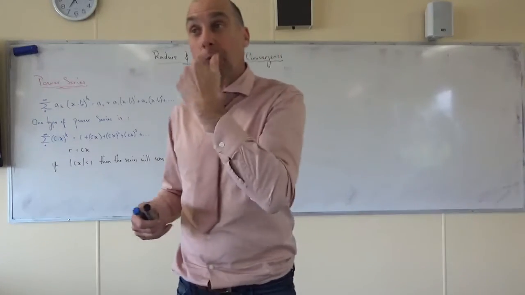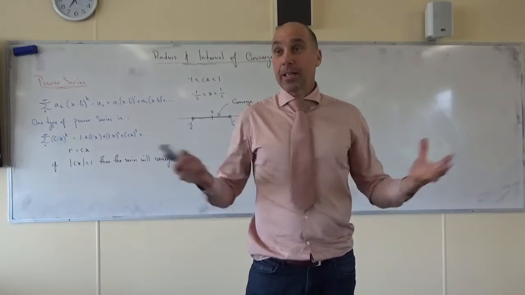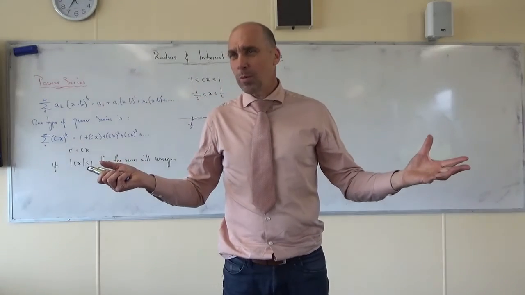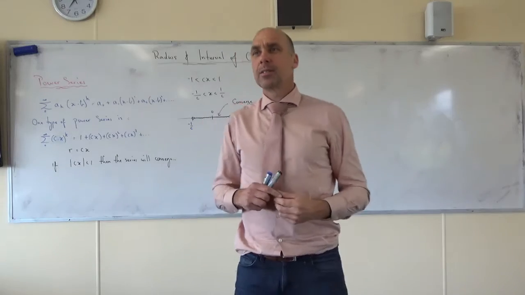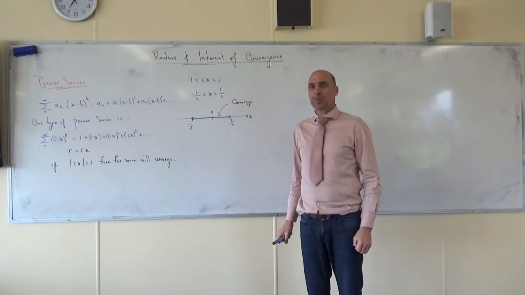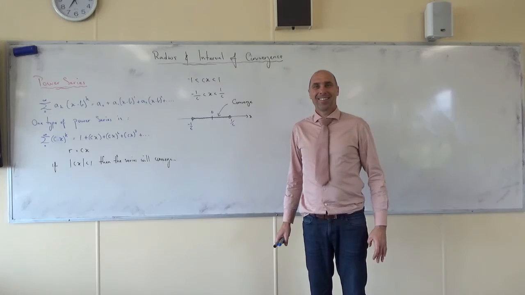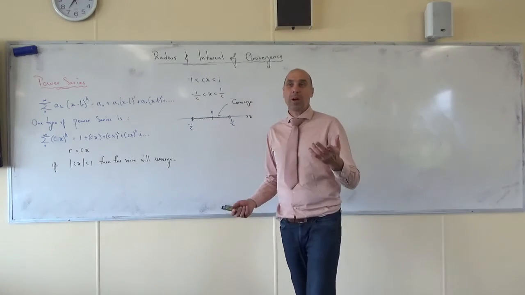What we have is a special term called the radius of convergence. Does anyone want to have a guess? What logically do you think this term radius of convergence means? It's a little bit of a silly term, but what does the radius normally mean?